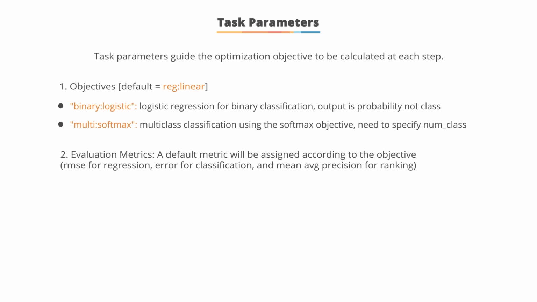Evaluation metrics for validation data: a default metric will be assigned according to the objective, RMSE for regression, error for classification, and mean average precision for ranking. The evaluation metric options are RMSE, log loss, error, AUC, merror, mlogloss.